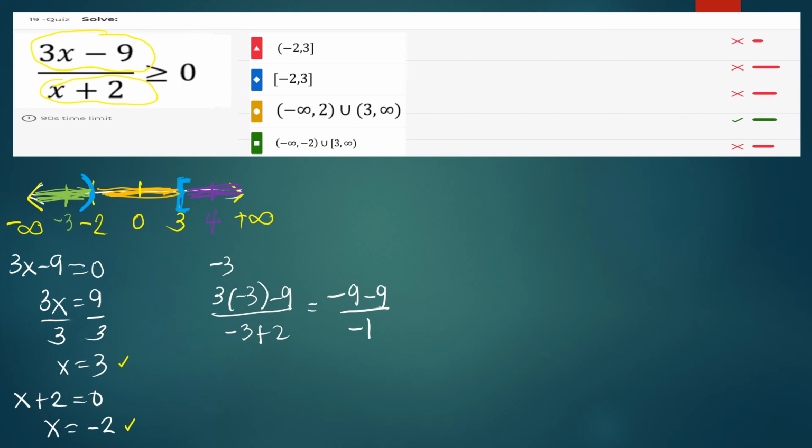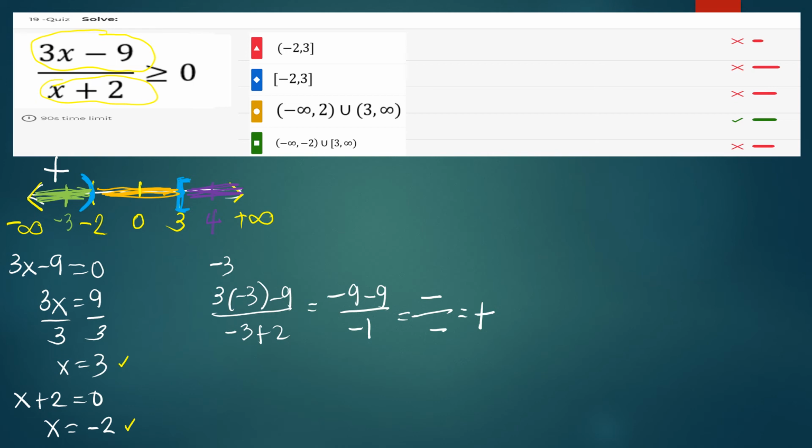Actually, for this one, you don't have to really solve for the exact value. Ang kailangan lang natin malaman is what will be the sign. Ano yung magiging sign doon sa area na yon. So, this one, nakikita natin, this will be -9 minus 9, that will be -18. So, the numerator will be negative. And then, for the denominator, it will be also negative. So, negative divided by negative, that will be positive. So, yung sign natin sa area nito will be positive.